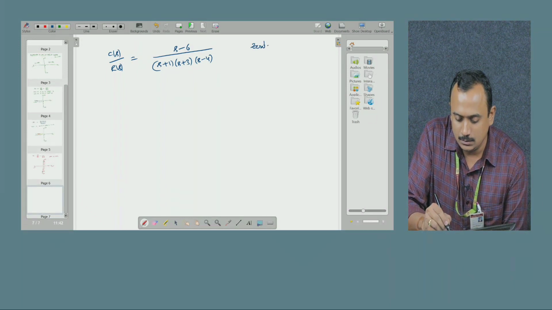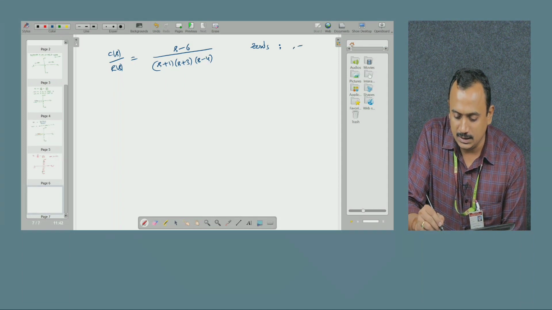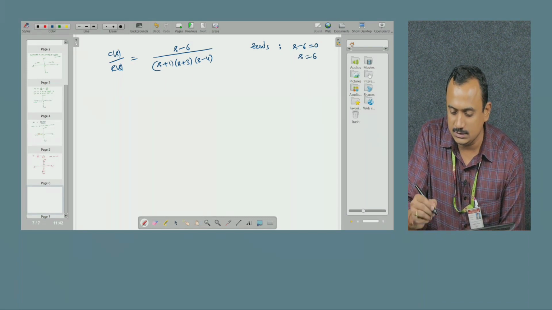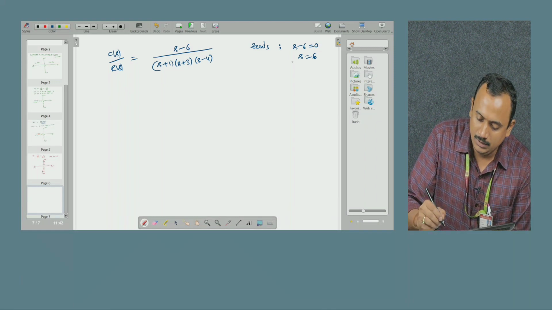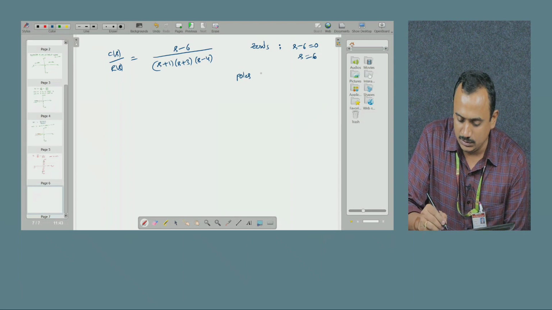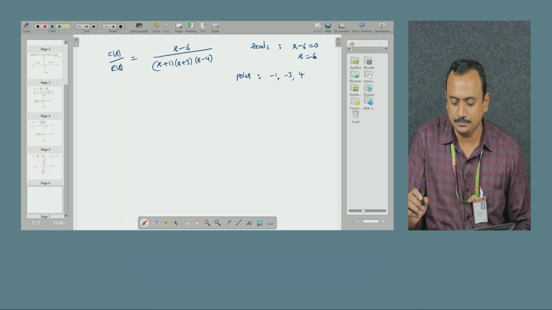Zero is s minus 6 is equal to 0. What is that you will get? s is equal to plus 6 here. So only 1 zero. How many poles? So there are 3 poles. Those are minus 1, minus 3 and plus 4.